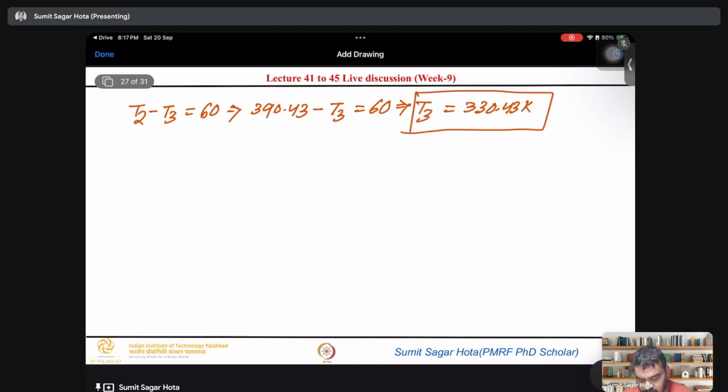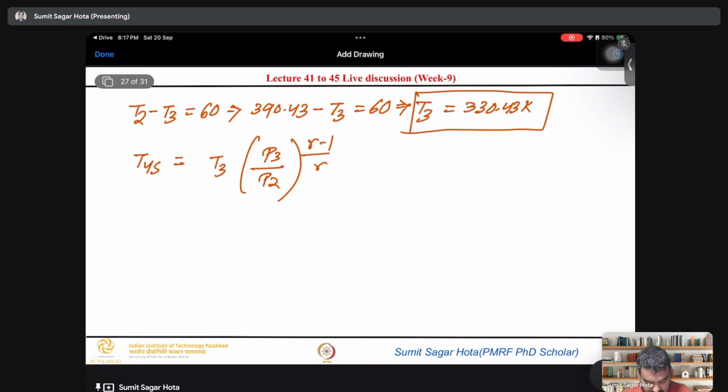So what else do we need? We now need T4S. How will we find it? Using the T4 by T3 and P3 by P2 relation. The isentropic relation you need to apply. So by the isentropic relation, T4S is equal to T3 into (P3 by P2) to the power gamma minus 1 by gamma.